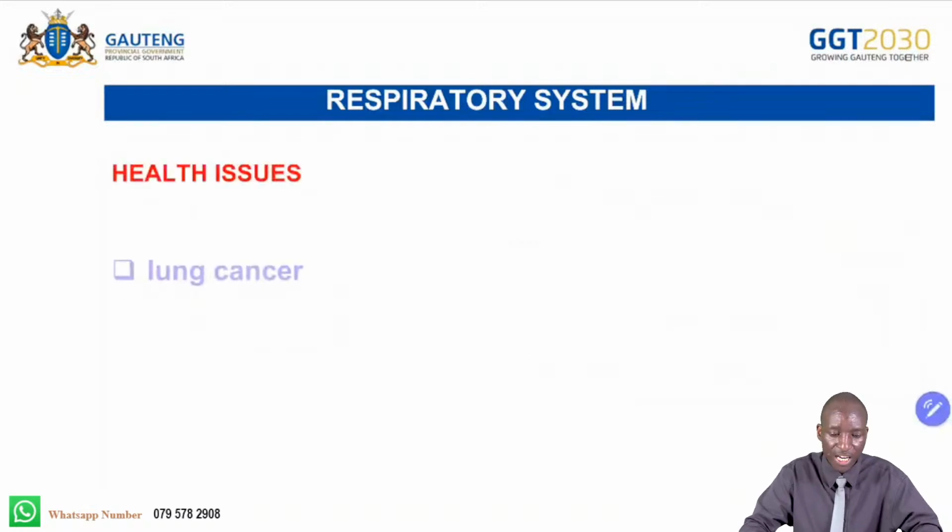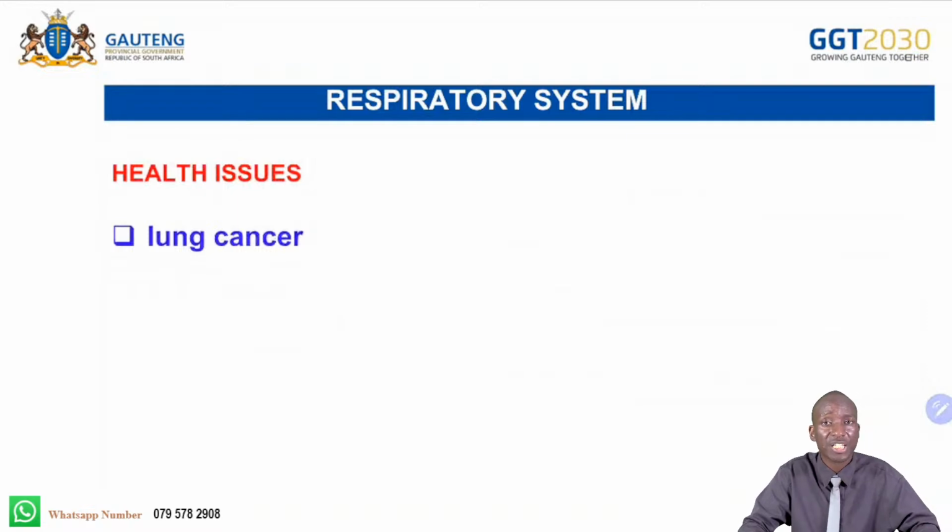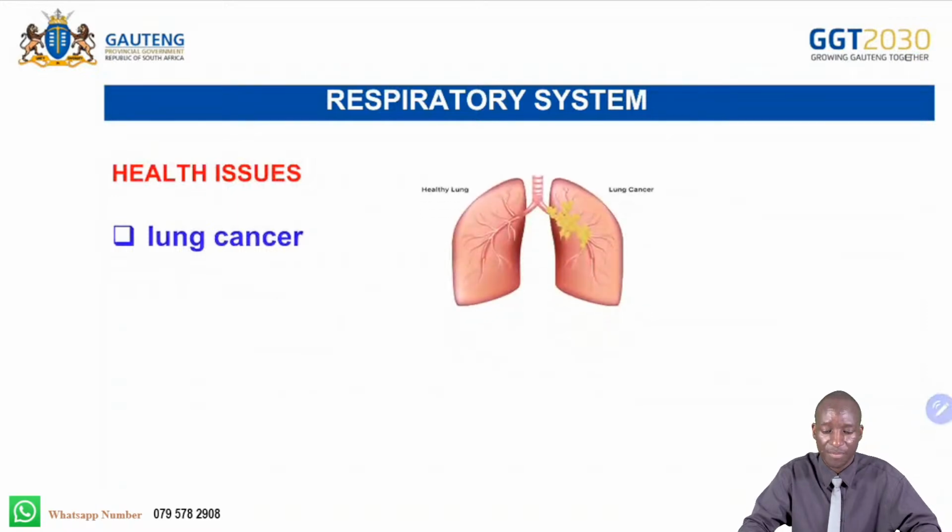You also have to look at the health issues to do with the respiratory system. We just mentioned asthma. Let's look at lung cancer as one of them as well. Those are two lungs showing a normal lung, which is healthy, and a lung which now has cancer.